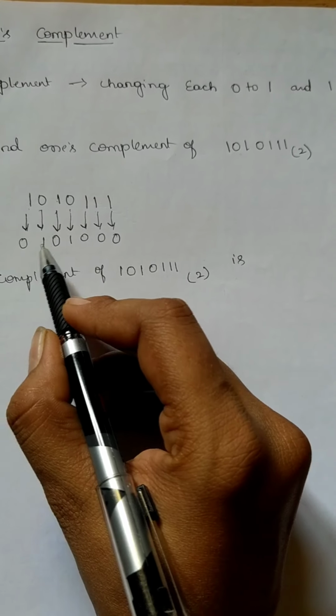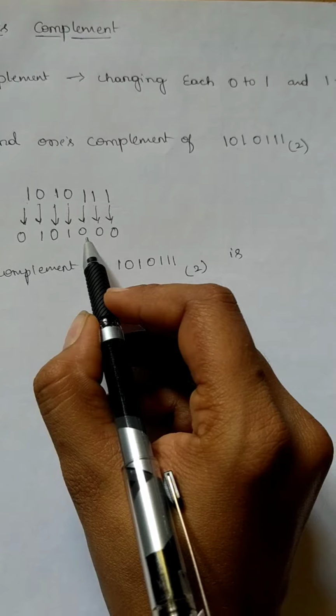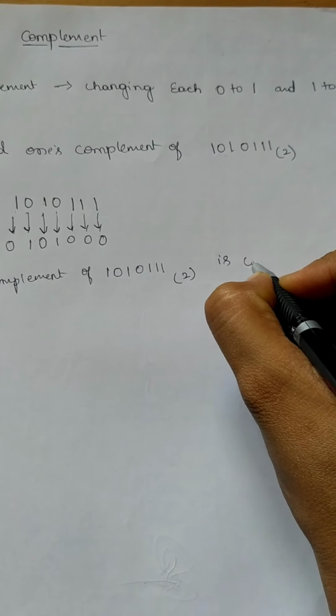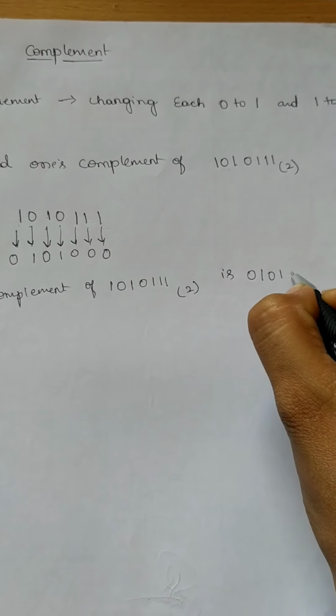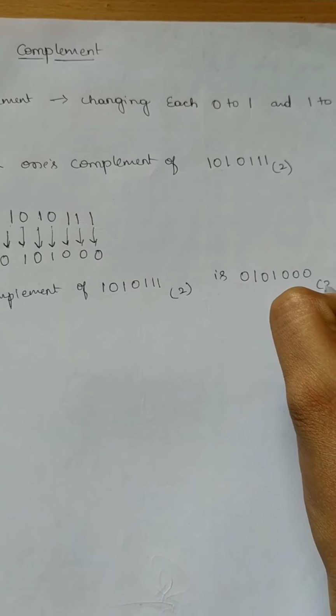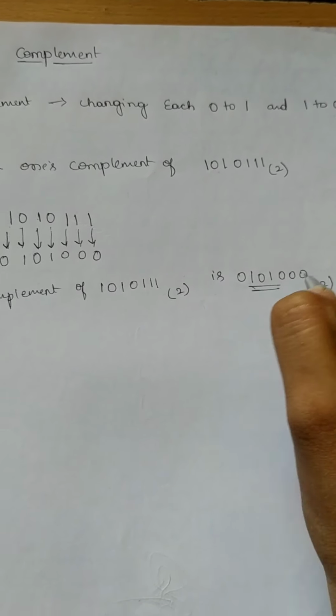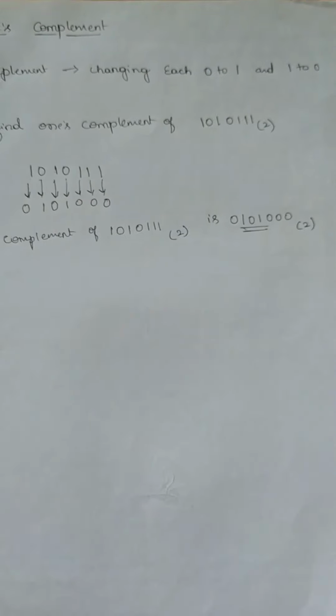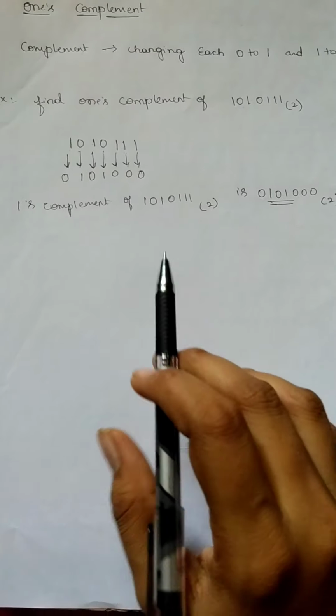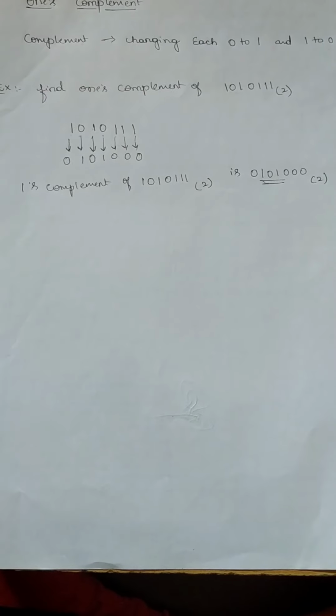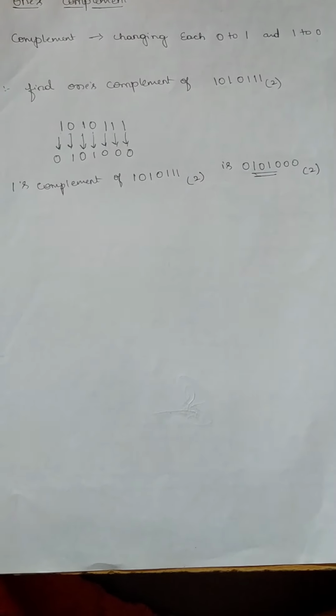What was the answer? 01010000 base 2. So this is the answer. Complement is nothing but changing the given 0 into 1 and 1 to 0.